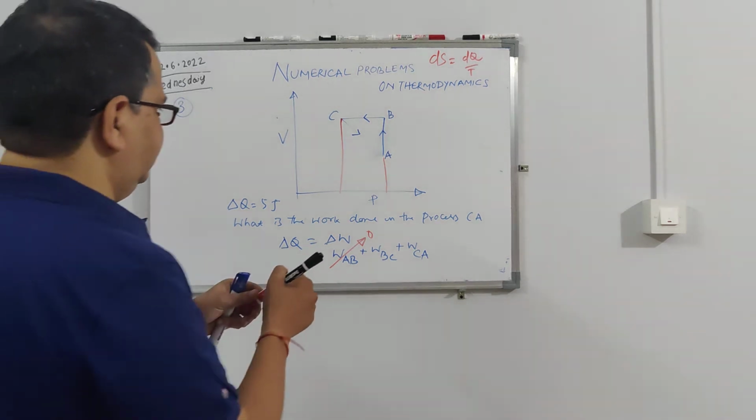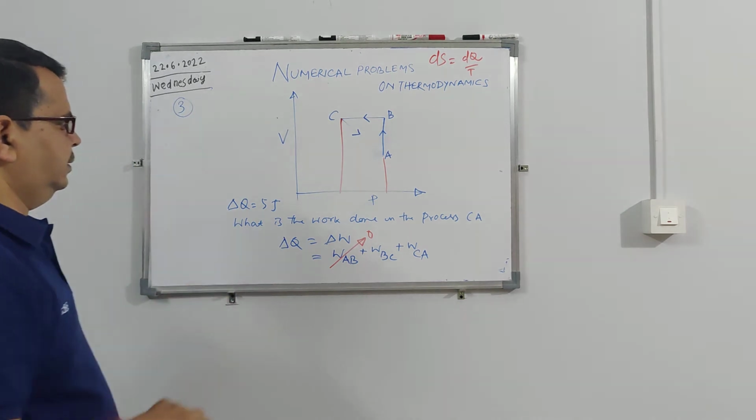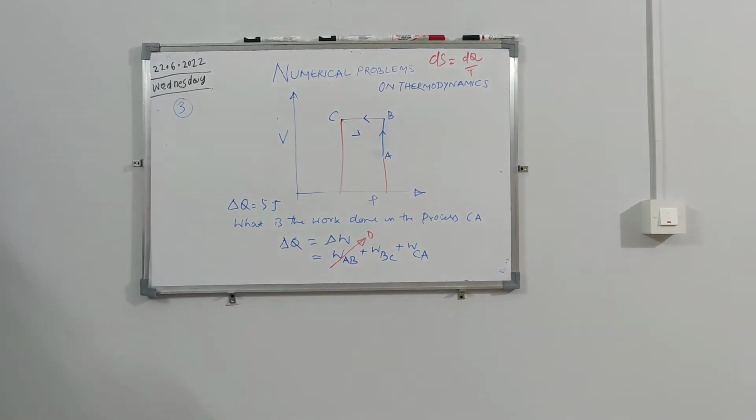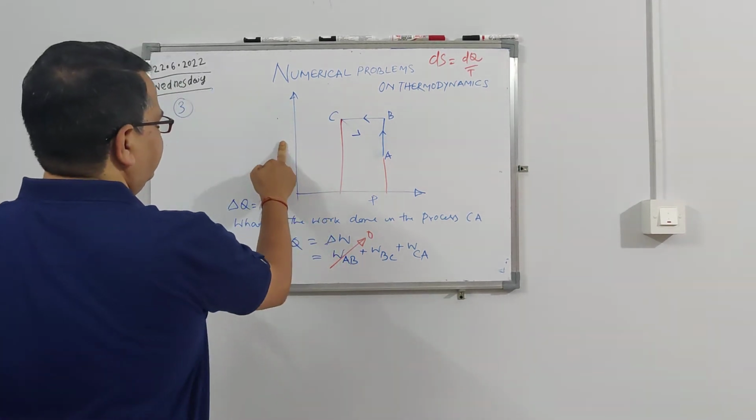So they are saying this pressure, actually, you see here pressure is equal to 10. Volume is 1 to 2. I think there is a confusion here.